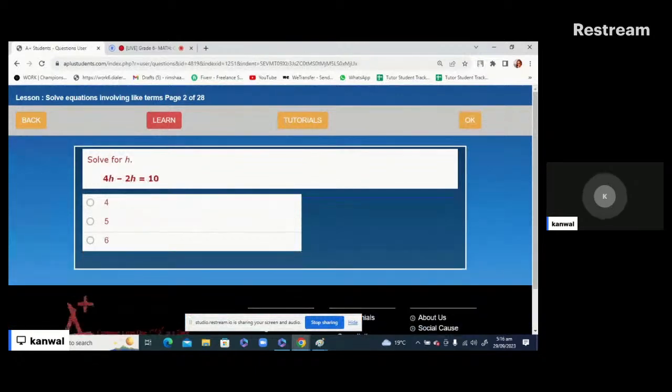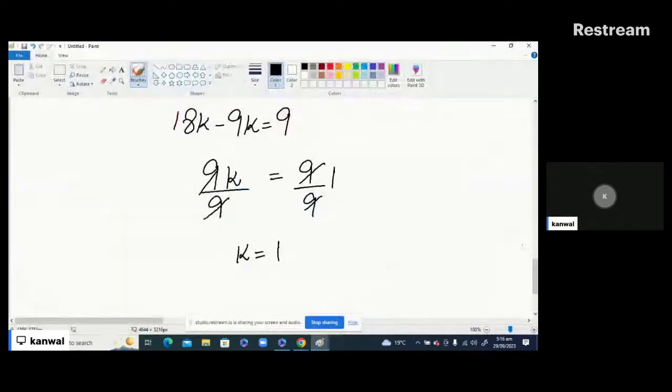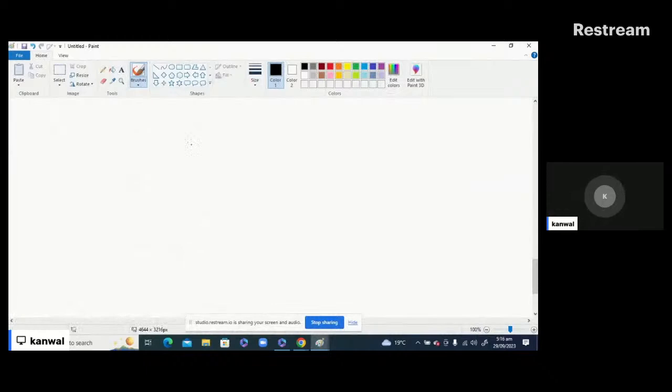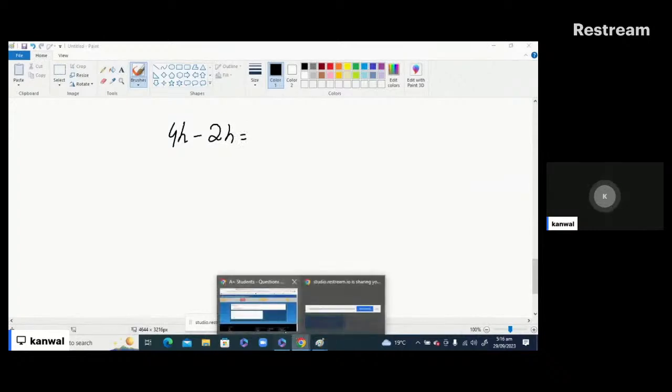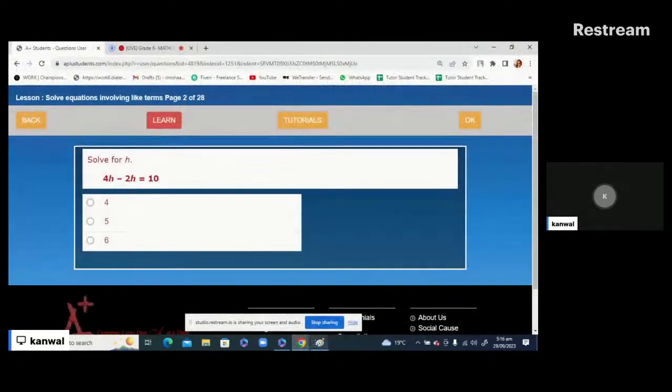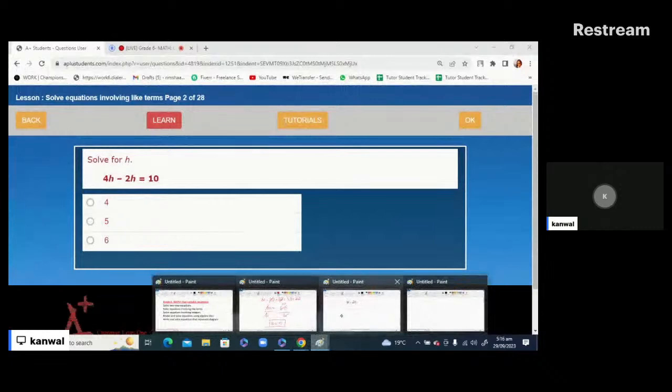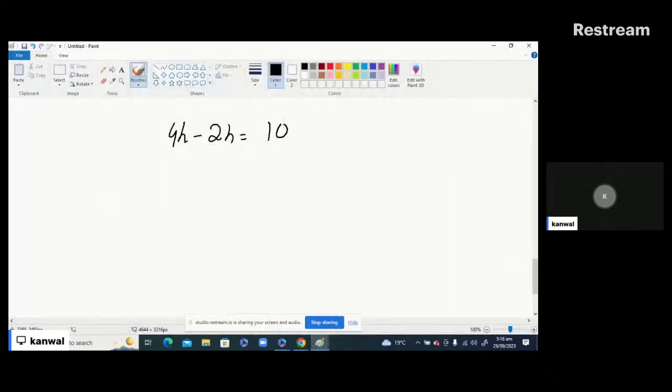Okay, let's do this one. 4h minus 2h is equals to 10. You all guys please solve it. So, what's the answer when we subtract 4 minus 2?